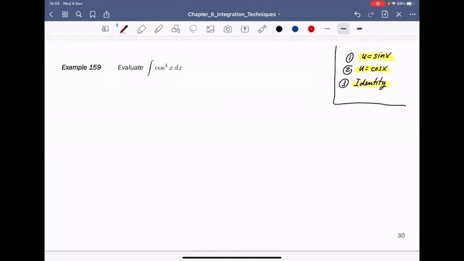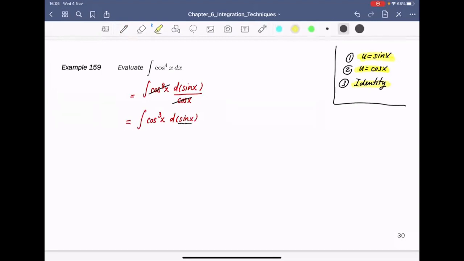So we're gonna say, hey, if I see cosine to the 4th power, let's say if I pick u equal to sine x, what happened? I pick u equal to sine, so I differentiate sine, get cosine. Wow, that looks okay to me because you have integrate cosine cube x d sine x, right? You can cancel one factor of cosine. However, you have d sine x.